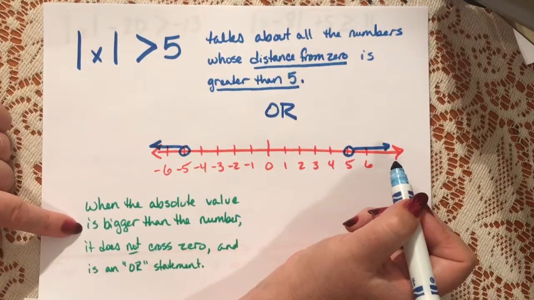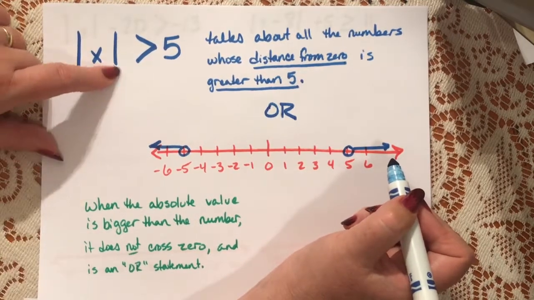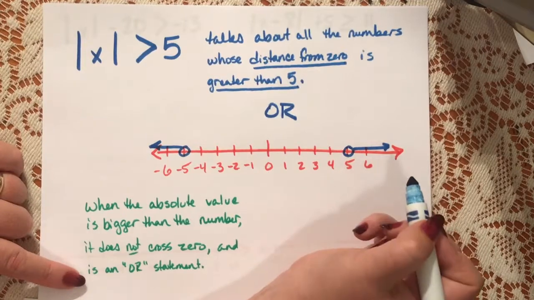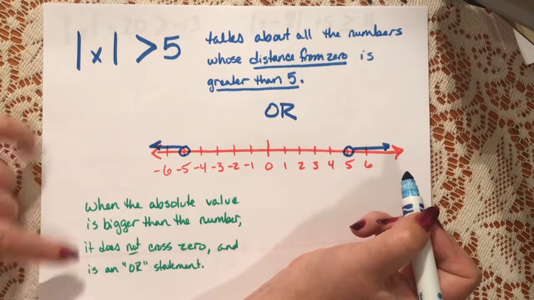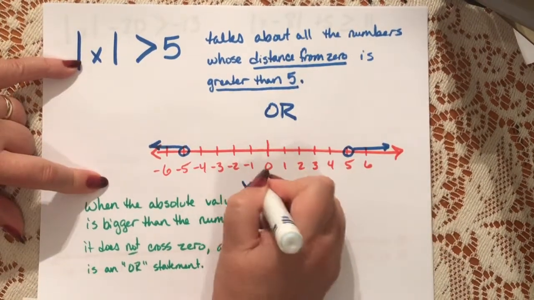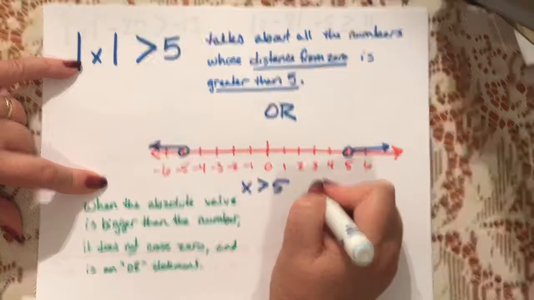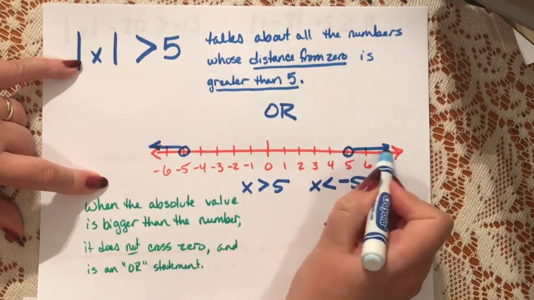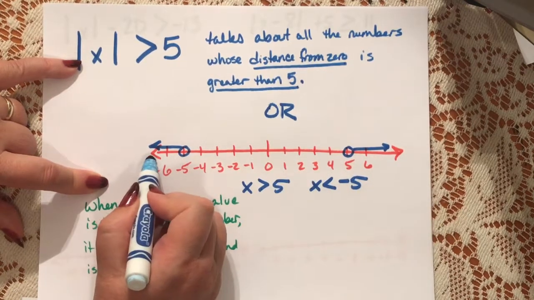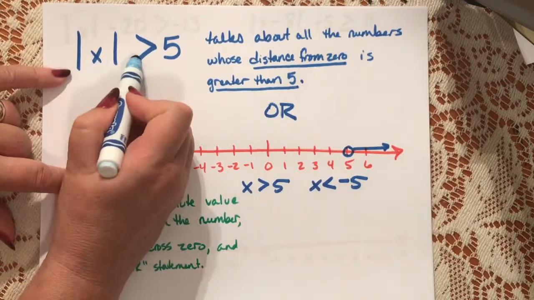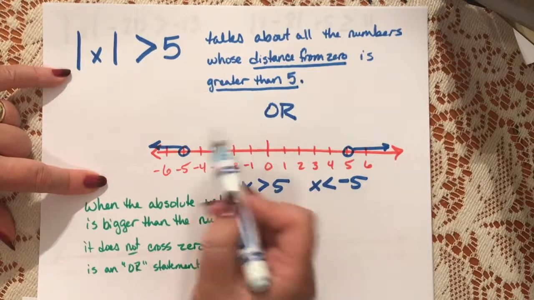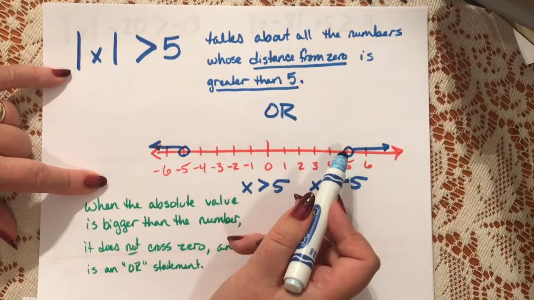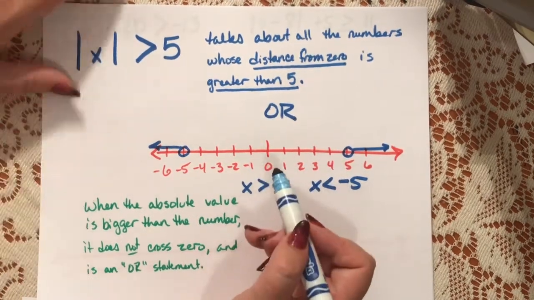When the absolute value is bigger than the number, it does not cross 0, and it's an or statement. So this becomes x is greater than 5 or x is less than negative 5. So if the absolute value is greater than the number, it's going to not cross 0. It does not include 0.